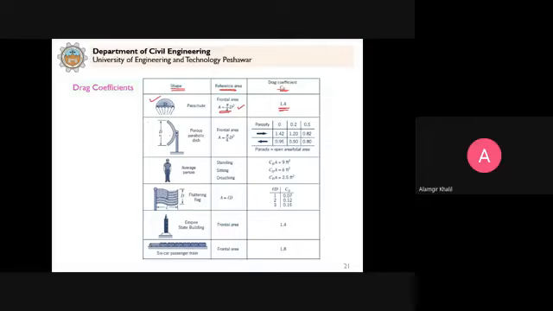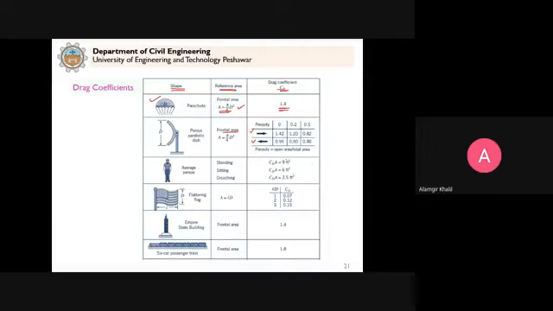So similarly, the problem in order to calculate the drag force depends on how the area is considered. Clear? So you can see here that if the flow is in this direction, from left to right, then these are the values, and from right to left these are the values.